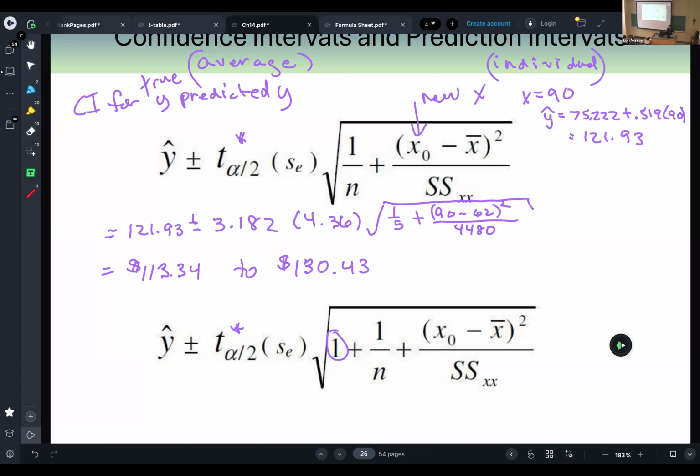So the line says that if you spend 90 minutes, the customer is probably going to spend $121.93.